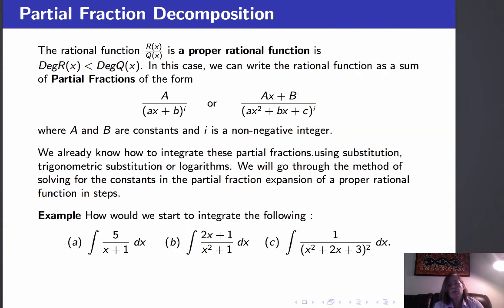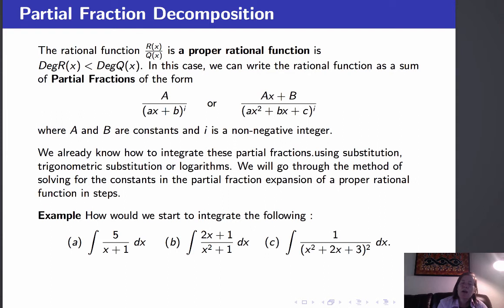All functions of this form we can integrate using methods we've already studied. The integral might be difficult to calculate, but nevertheless it's possible to complete with the methods we've studied previously.